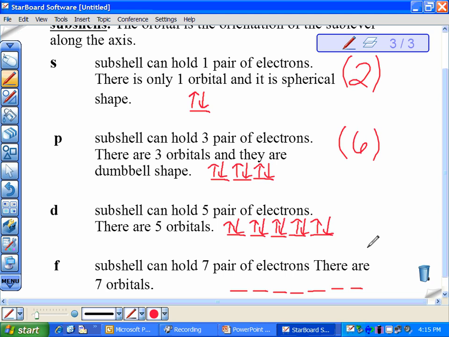It's kind of like if you had 5 empty seats on a bus. If you had 5 people, they would all spread out, especially if they didn't like each other. And then they would only double up if necessary. D's can actually hold 10 electrons, so the magic number is 10 for D. And then F's can hold 14, so again, I'm going to spread those out.